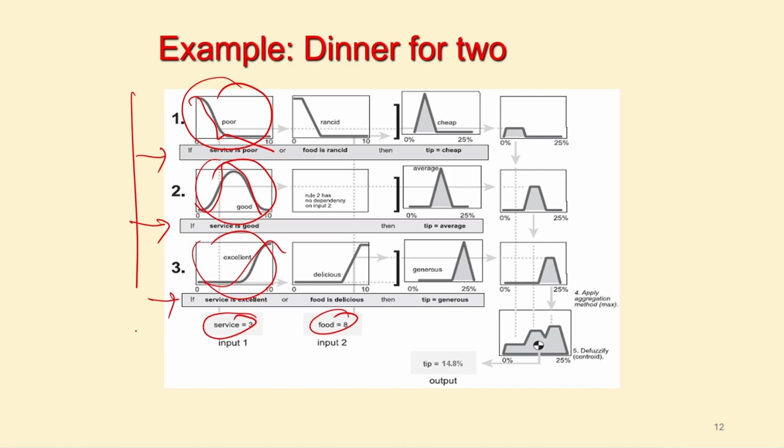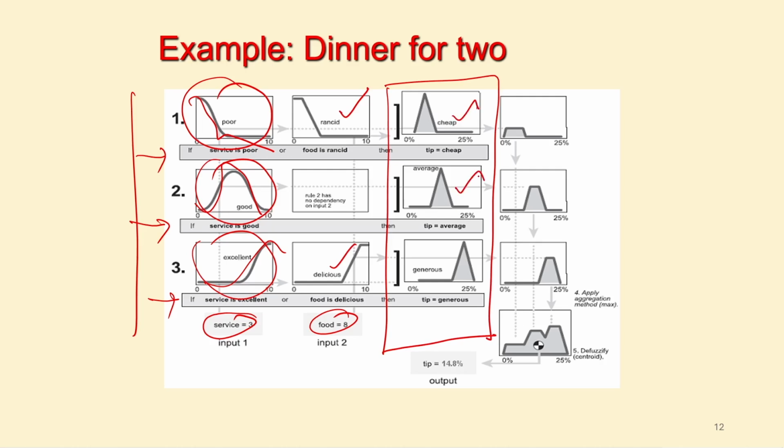This is the rule taken with respect to the first variable. And for the second variable, rancid and delicious have been taken. What about the tips? Tip is cheap, tip is average, tip is generous. These 3 things you need to take care of with respect to the output.